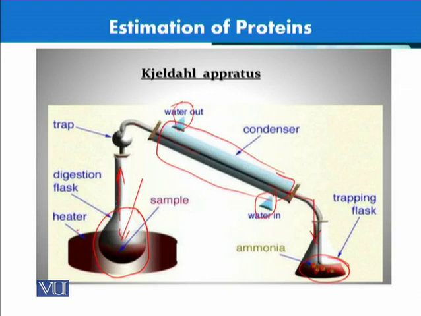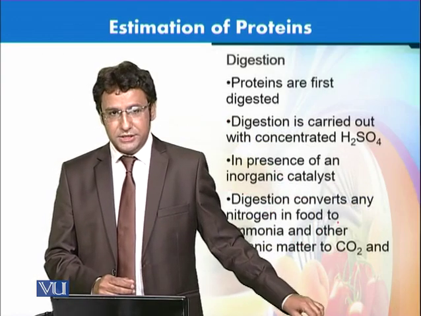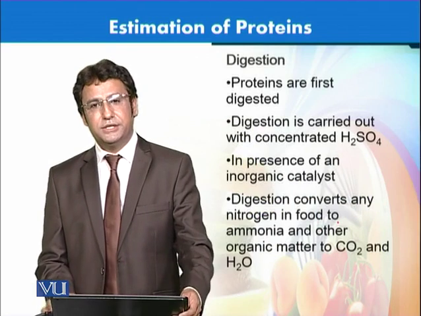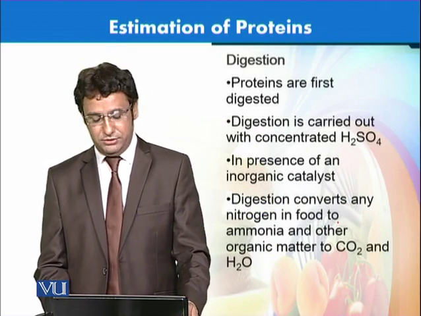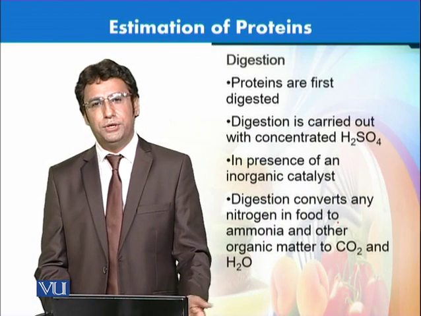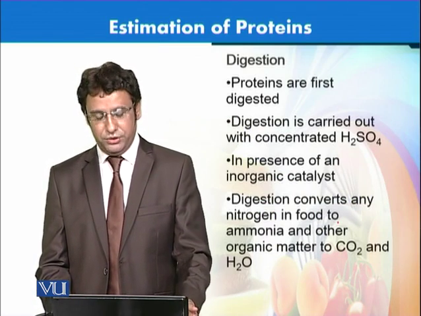So it has three units: digestion, distillation, and the collection of the ammonia gas that is eventually titrated in the third step. As we discussed, the protein is digested with sulfuric acid. That's a strong acid, so it digests all the food into the form of ammonia.